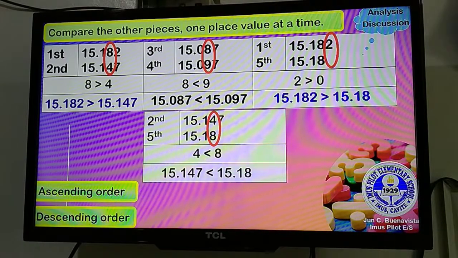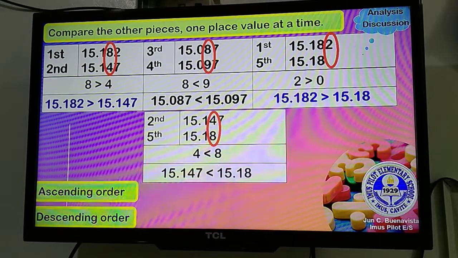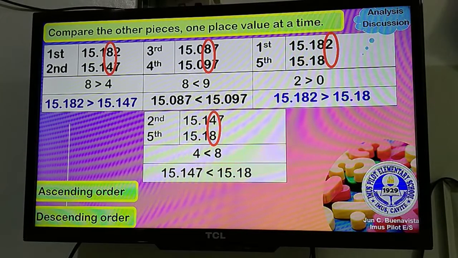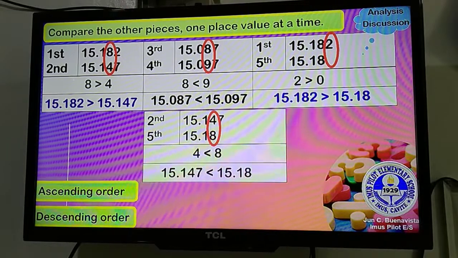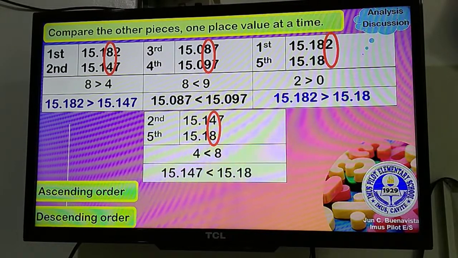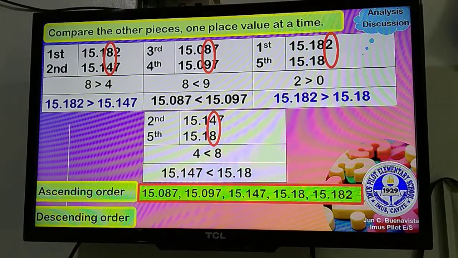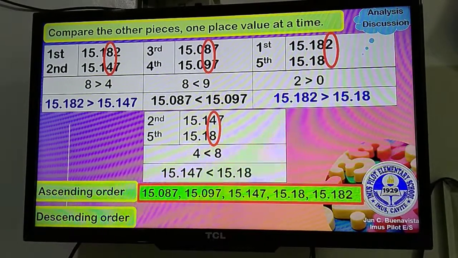Then, sumunod ay si second number, 15 and 147 thousandths. Then, followed by 15 and 18 hundredths, yung fifth number. And the largest is the first number, 15 and 182 thousandths. So that is in ascending order. Mauna yung pinakamaliit at mahuli ang pinakamalaki.